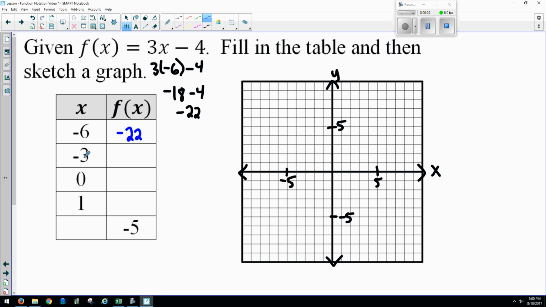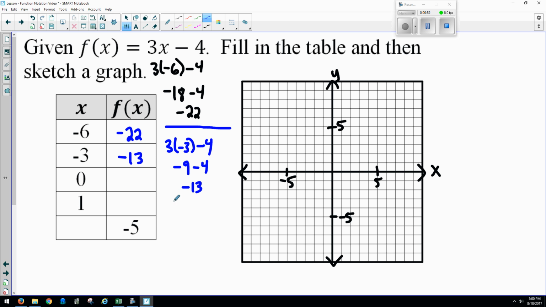So we're going to do the same thing with -3. I'm going to substitute in for x. I would have 3 times -3 minus 4. So I have -9 minus 4, or -13.